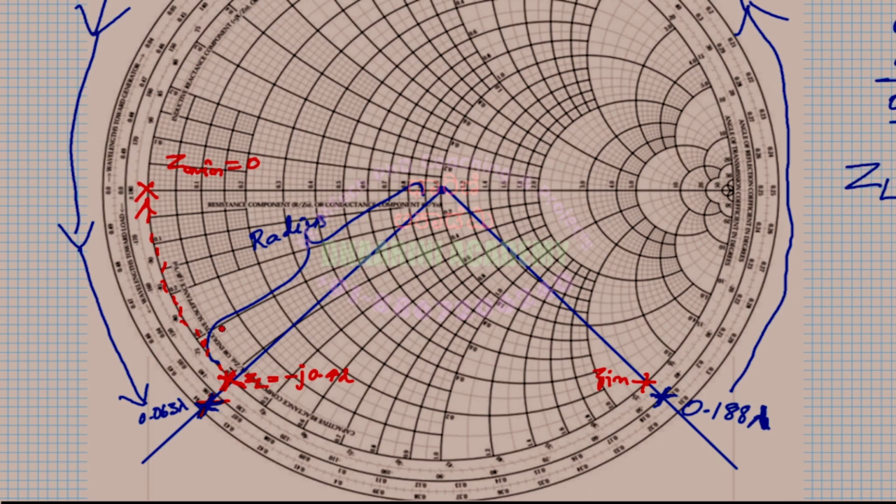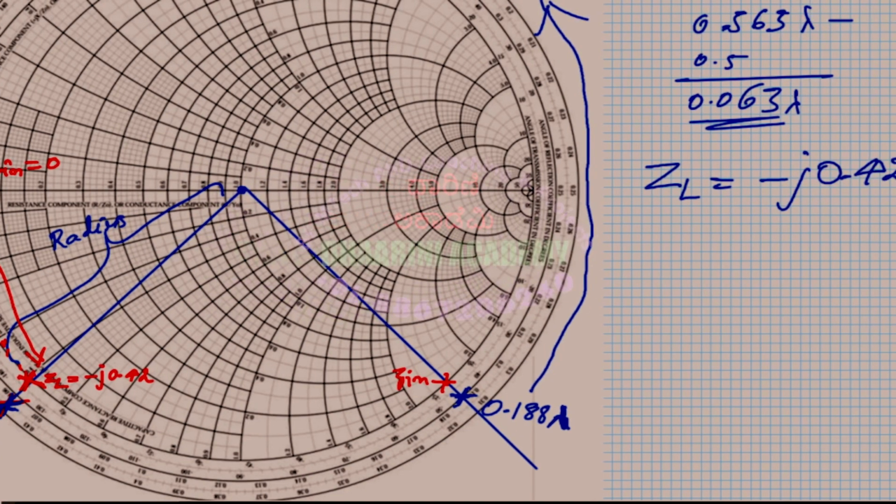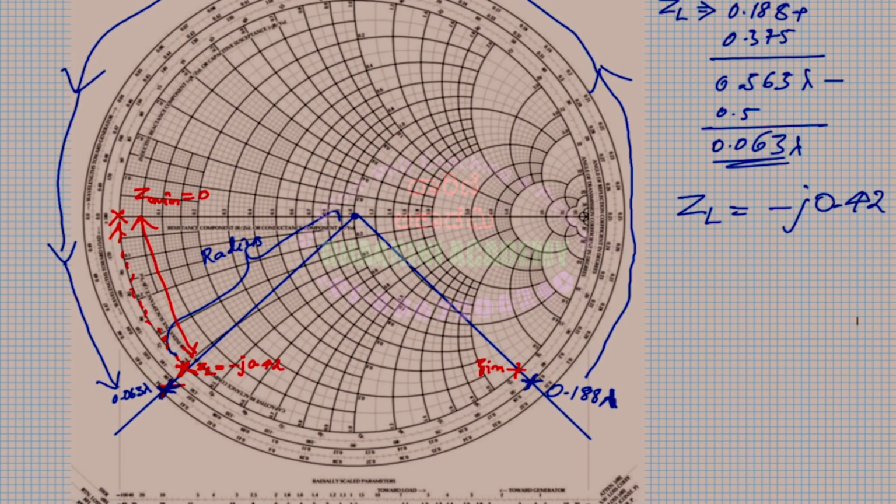Just calculate what this distance is. What is the lambda you are going to measure from here to here, right? It's a direct value, 0.063. So the distance between the voltage minimum and ZL is that same distance. It's already measured, so I don't have to do anything.